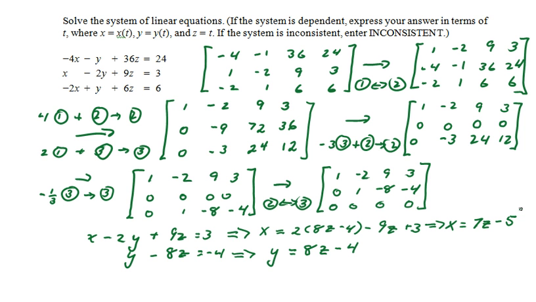But we're going to let z equal t, so we're going to replace the z's by t's. And so our general solution will be 7t minus 5, comma, 8t minus 4, comma, t.